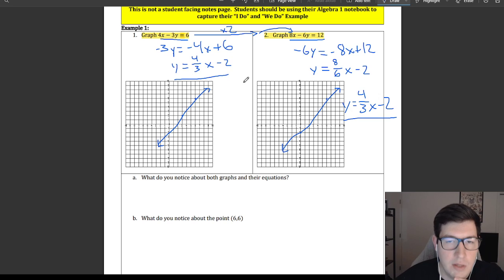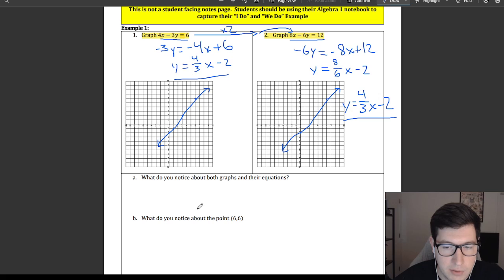And so what that really means is that if we take our equations in standard form and we multiply both sides by a constant, we're actually going to end up with an equation or a graph that's equivalent. And we've really just seen and proven that here. Because when we simplify or graph or find solutions or points or anything like that, we're going to find that they're always going to be identical.